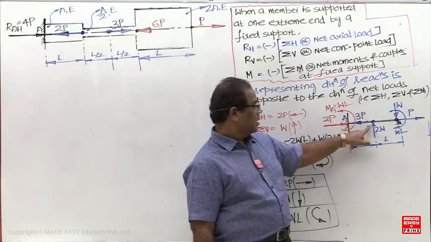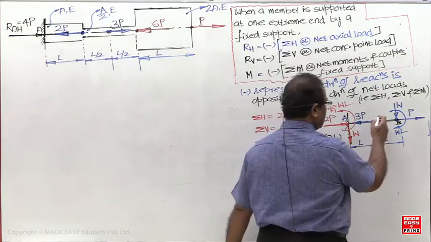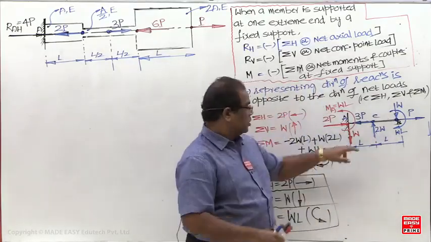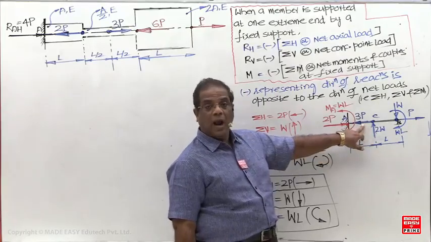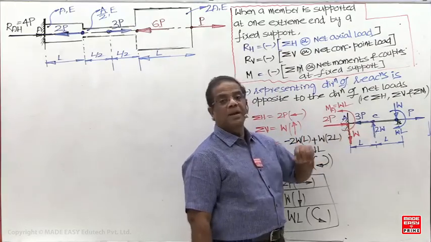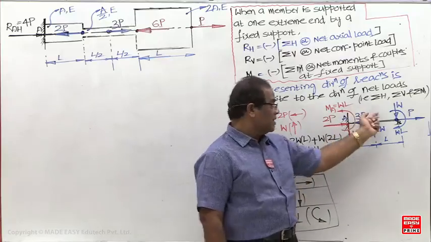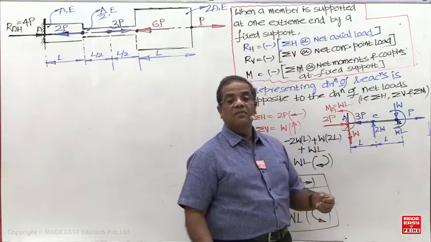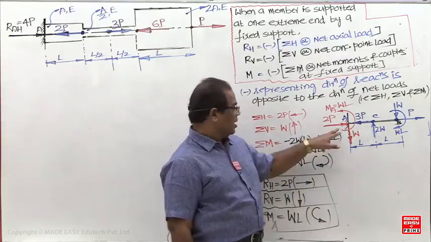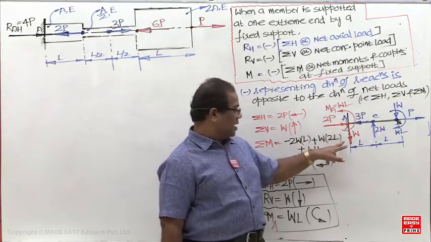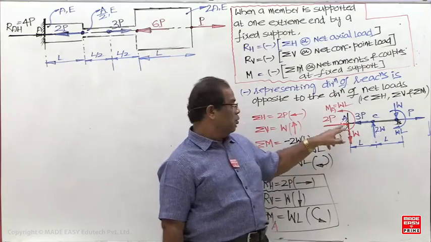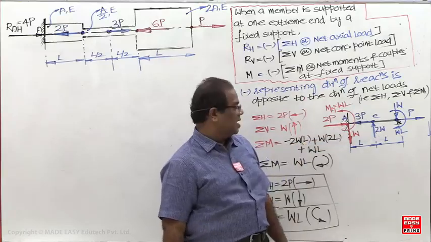Here, suppose I call the junction C. Due to this 2W, 2 shear forces; due to the axial load, 2 axial loads; and 1 bending moment. You will get 2 bending moments only when a couple is there, but otherwise 1 bending moment will be there. Directly at A, axial load is minus 2P, shear force is minus W, bending moment is minus WL.